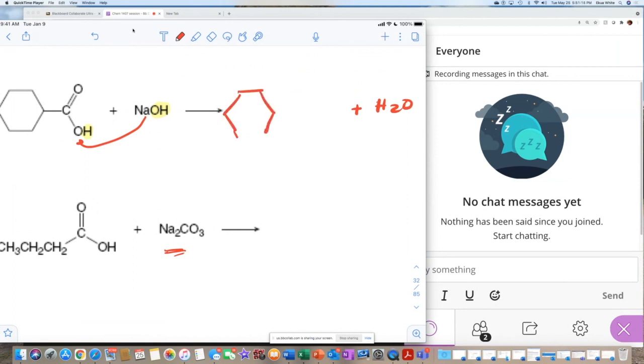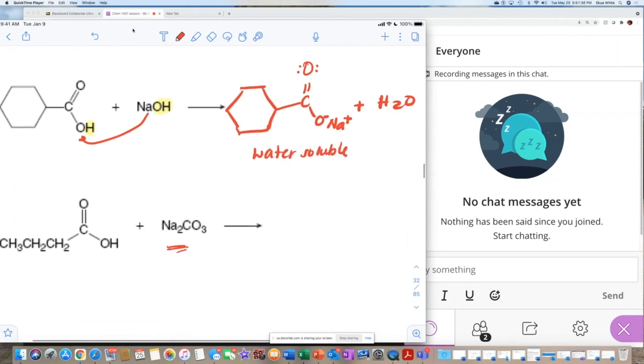That made me feel a lot better because I could see it, right? So O now ends up with Na because Na took the place of H because H went off with OH to form water. Okay, and this is water soluble. Salt. Let's not forget that.